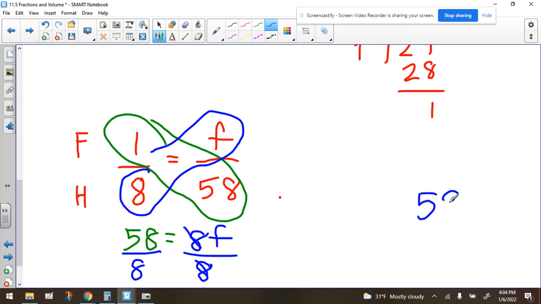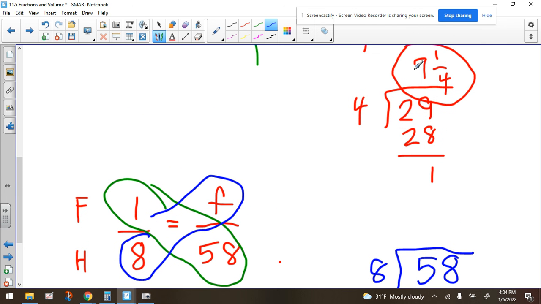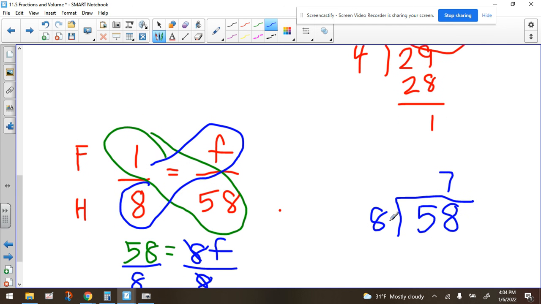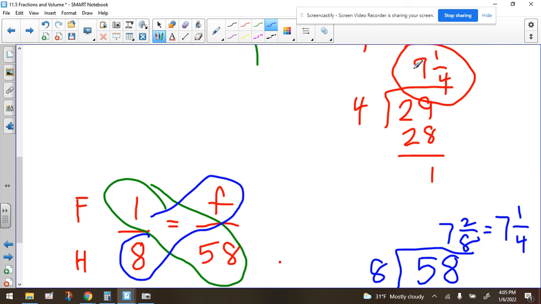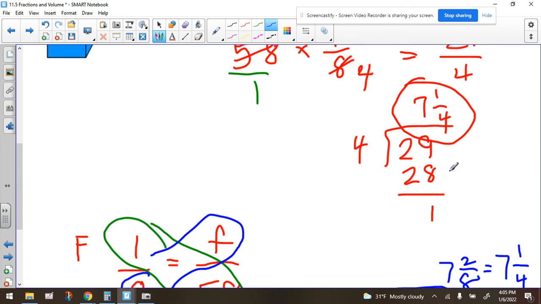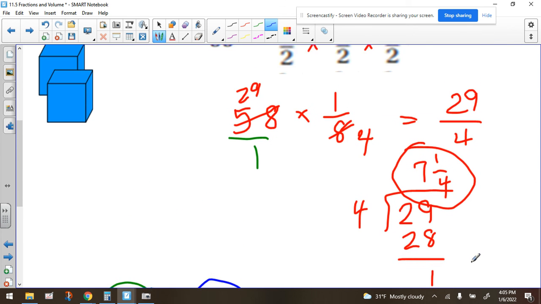So if we do it that way, 58 divided by 8, it's still going to go in 7 times. We're going to get the 56 with the 2 left over, and 2 would be the numerator, 8 would be the denominator, and that would still simplify as being 7 1/4, which is the same thing we got doing it this way.